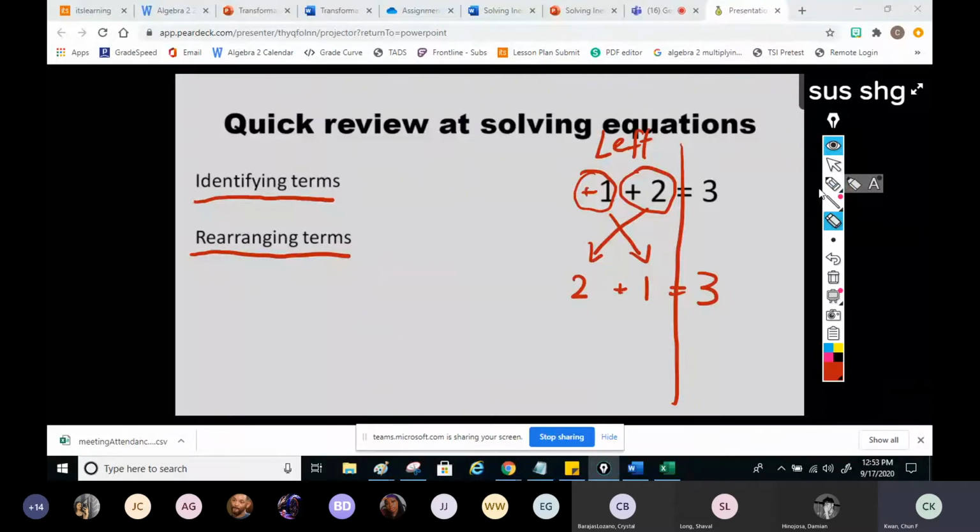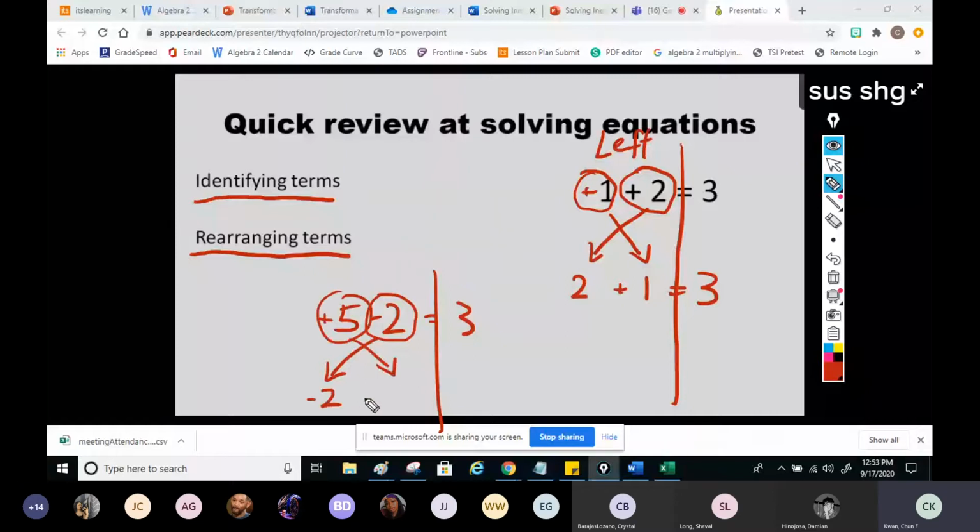All right, but what if it is a subtraction? Let's just say you have 5 minus 2 equals 3. Can I swap them just like how I did right here? Move them forward, move them backward. So the two terms: I'm going to move the negative 2, this is one term, to the front, and the positive 5 to the back. So you get negative 2 plus 5 equals 3. Can you do that?